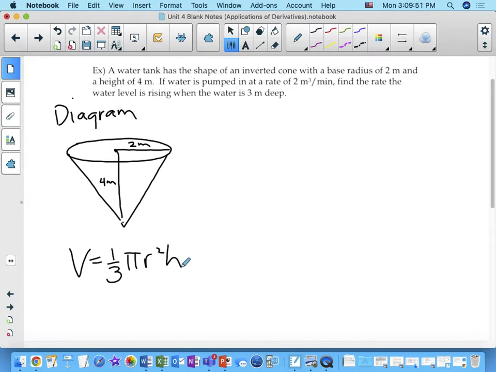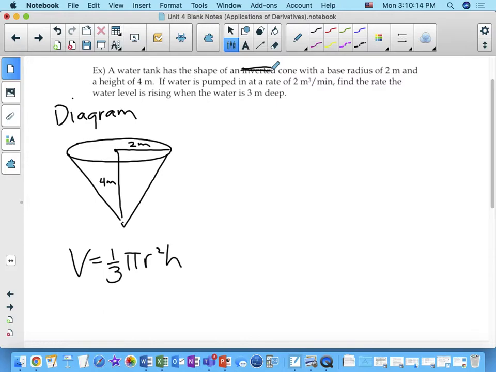But if it's a traffic cone, then this is inverted. It should just say cone. Doesn't matter. We're just looking at the volume of this thing. Volume doesn't change with the orientation. Okay. So there is the diagram.